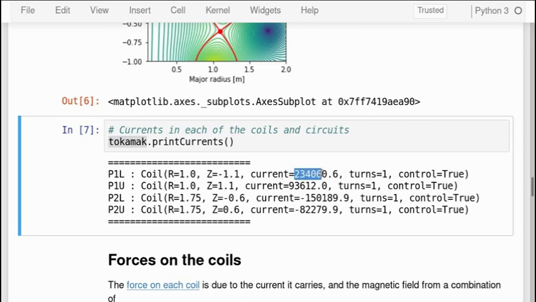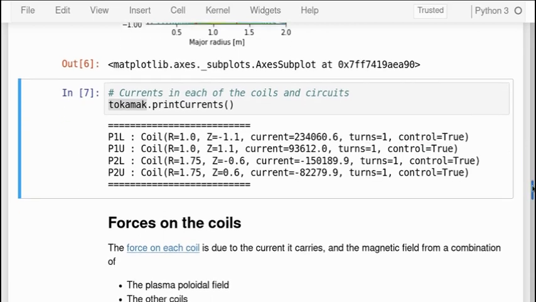And so this is the total current, so 234 kiloamps running through a single coil. If you had more turns, of course, then this would be divided by the number of turns. And then this just specifies that this coil is under feedback control. So if you create a coil, you can specify control equals false, and this will switch off the feedback control for that coil, and then you just specify what current you want. So you can fix the current if you desire.